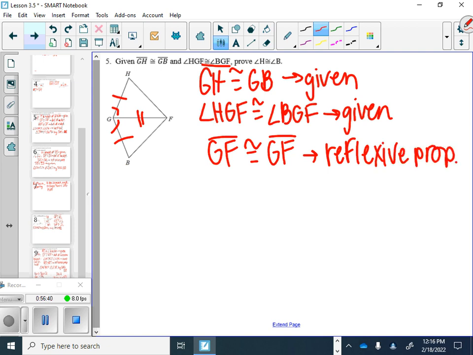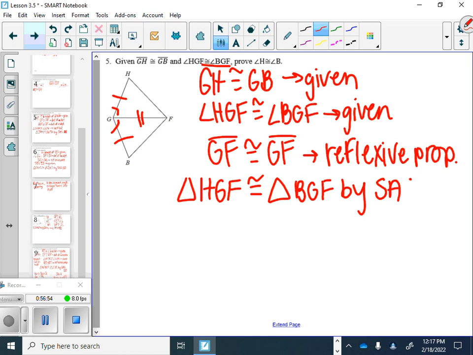So I've listed a side, an angle, and a side, right? So I can say that triangle HGF is congruent to BGF by side, angle, side. But the question asked me to prove that angles H and B were congruent. Flip back to the front and look at the CPCTC we talked about.